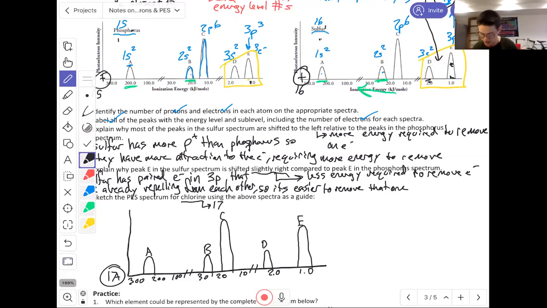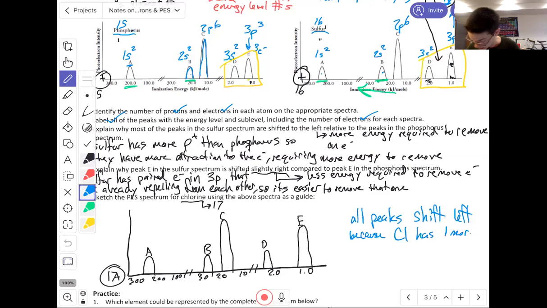Now, is this a skill that AP normally asks you to do, to draw one? No, they normally just have you analyze these things, but it is kind of helpful to be able to do that and to look at that. So the things to note: all the peaks shift left because chlorine has 1 more proton.